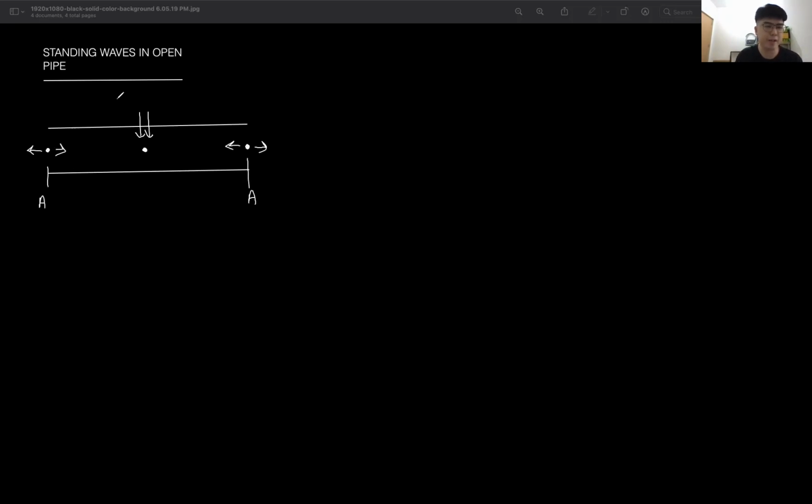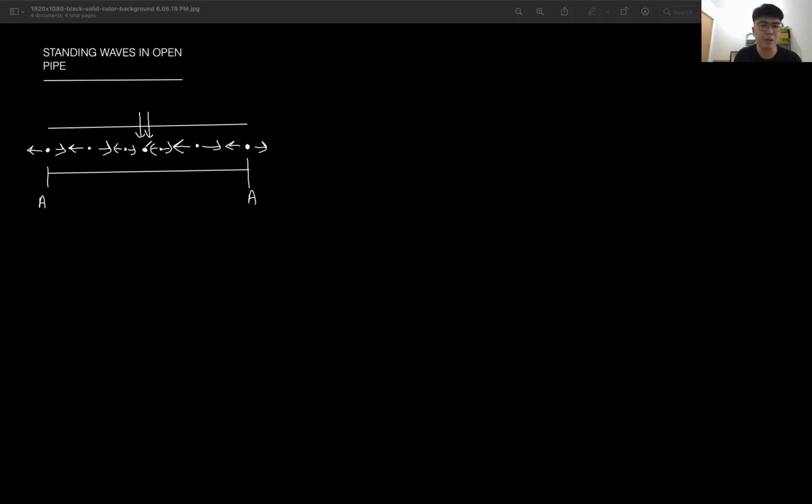So we already have two antinodes at the ends. Now, the particles next to it also vibrate left and right because they are longitudinal waves, parallel to the propagation of the wave. So if all the nearby particles vibrate left and right, then what happens to the particle in the middle?